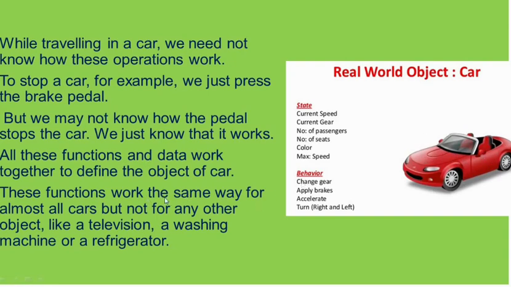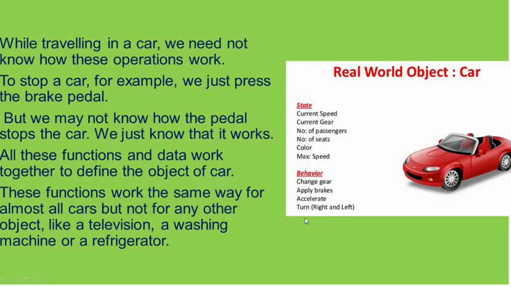The functions work the same way for almost all cars but not for any other object. That means these functions are the same: other cars in this world can also change gear, can also apply brake. You can accelerate them, you can turn them right, left, or anyhow.